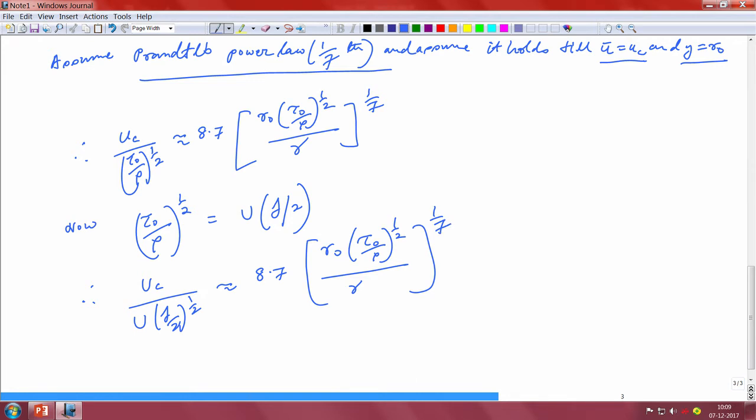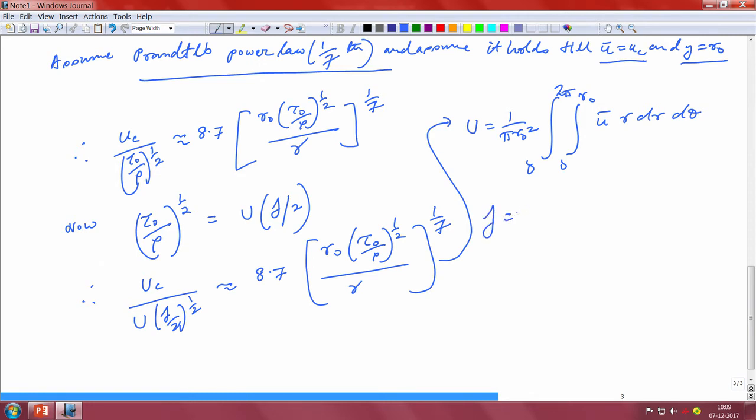Now, if you put this expression back into the original form of your u, you get your f to be almost equal to 0.078 times the Reynolds number based on the diameter to the power of 1/4.